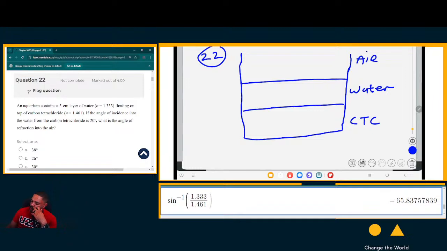So the light moves from the carbon tetrachloride up through the water. First, the angle of incidence into the water from the carbon tetrachloride is given, and we calculate this one, which will be the incidence angle for the next one.